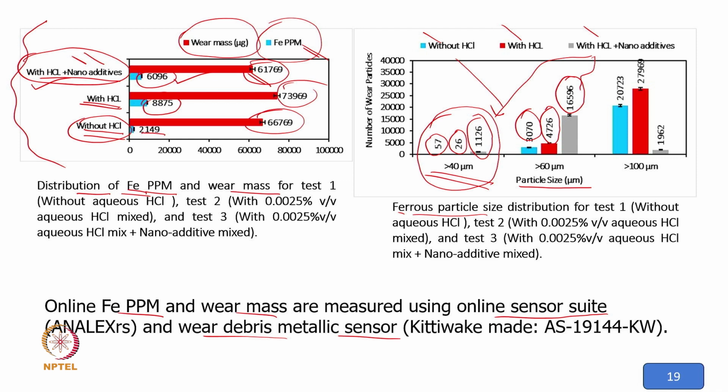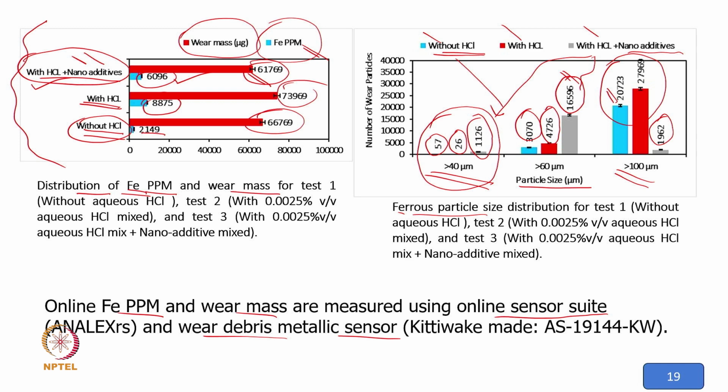So one question comes up: are nanoparticles bad or good? That's not very clear yet. The reason is that this is on the higher side, but coming to the next one, more than 100 micron, the first case without HCl gives 20,000 particles. With HCl and nanoparticles, it gives only roughly 2,000, so one tenth of that.